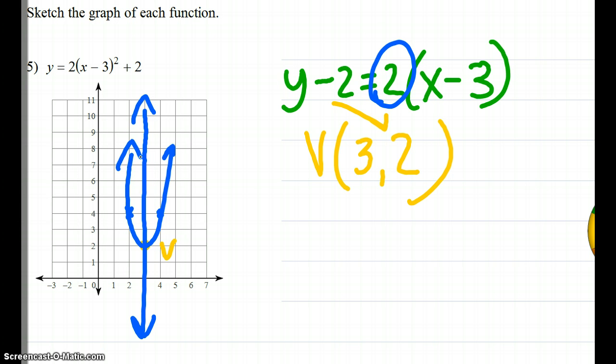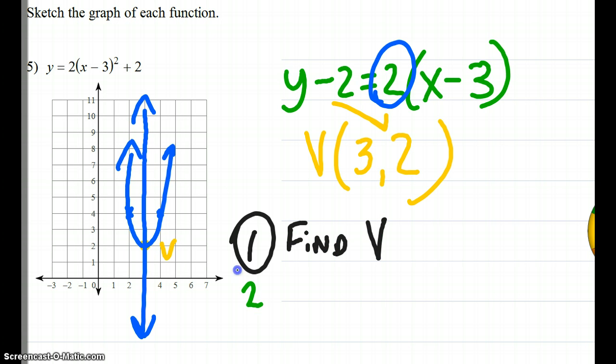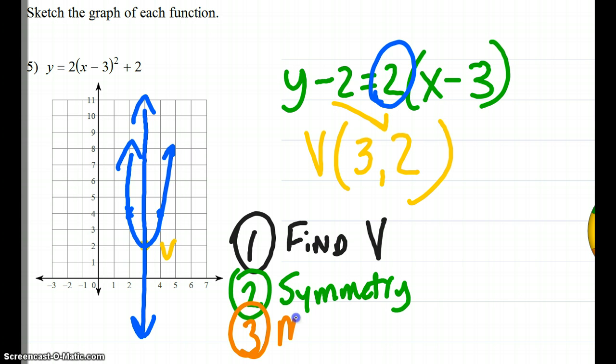So I've got some basic steps of how to do these problems. They're very similar to the absolute value. First, find the vertex. Second, graph the line of symmetry. Move rise over run for 1 point.